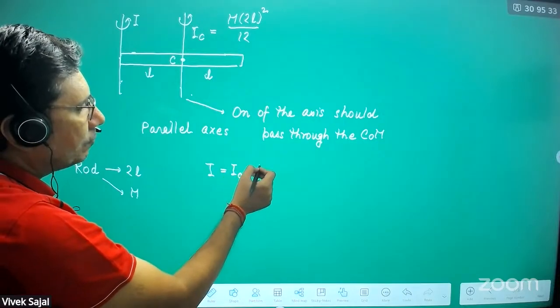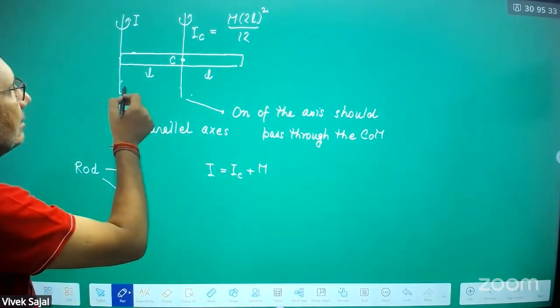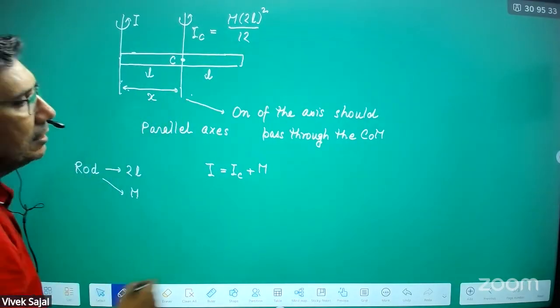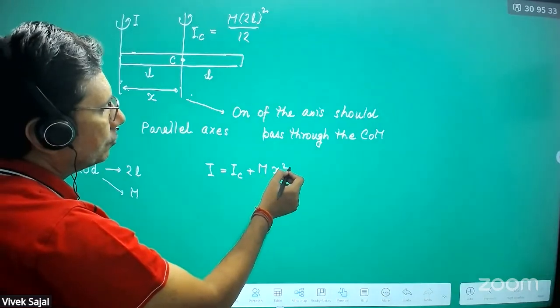plus the mass of the rod and the perpendicular separation between these two axes, suppose this is x, so this will be mx square.